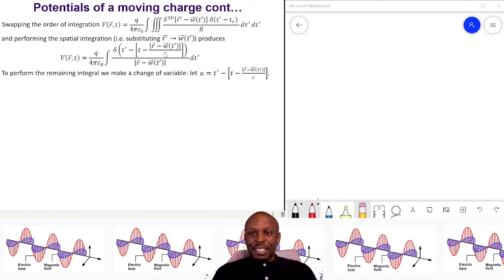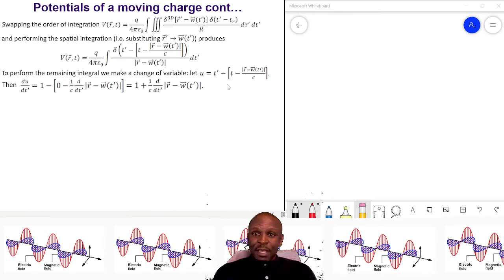Now if we let everything here be equal to u, and now we want to take du with respect to t prime. If we differentiate this with respect to t prime, it is just going to be 1, but this minus term here is 0, because this is not t prime, it's only t, therefore it will be 0.